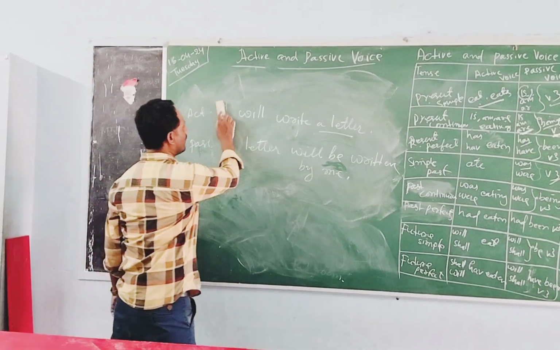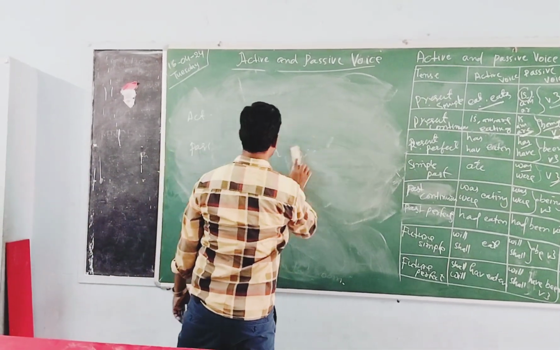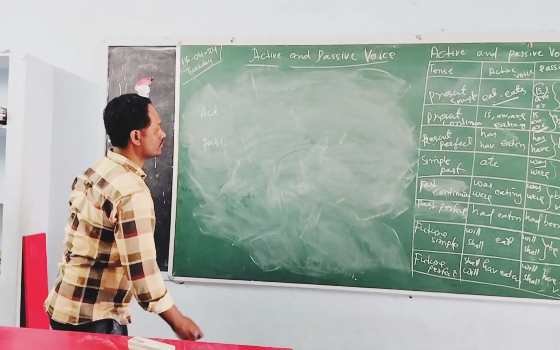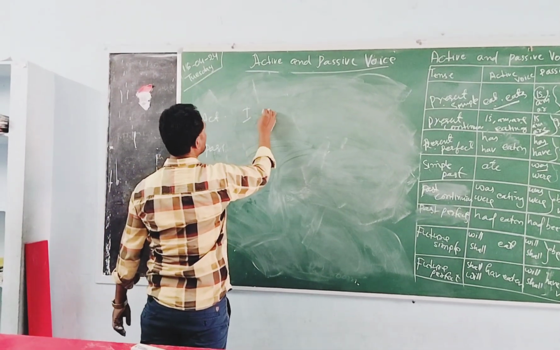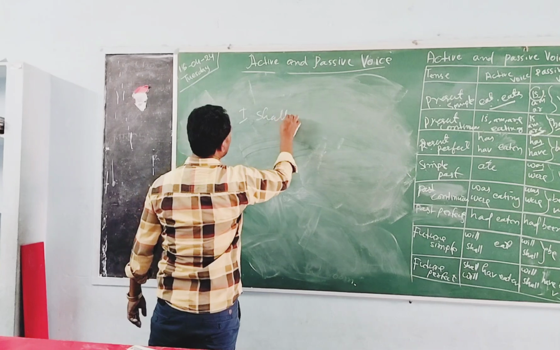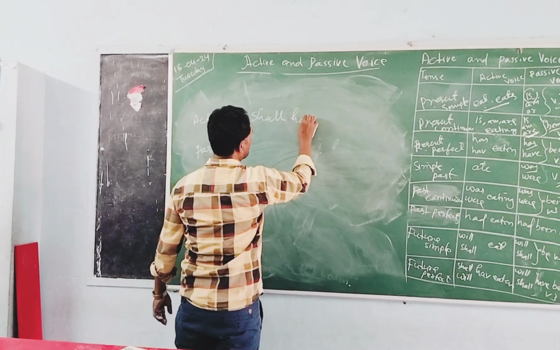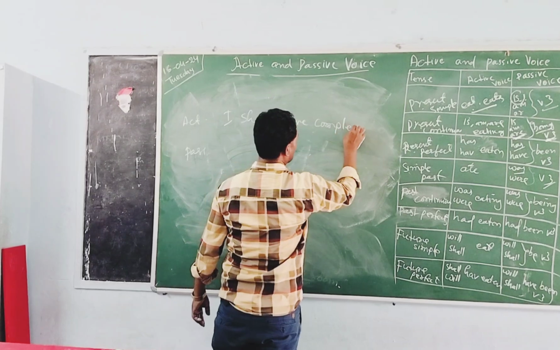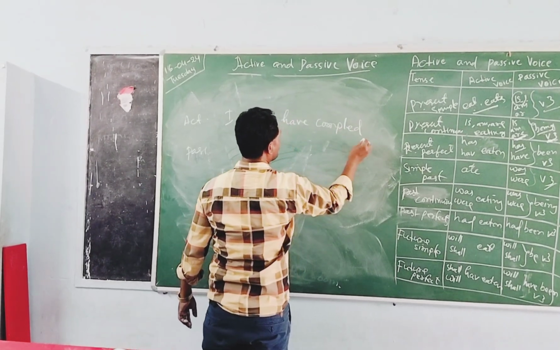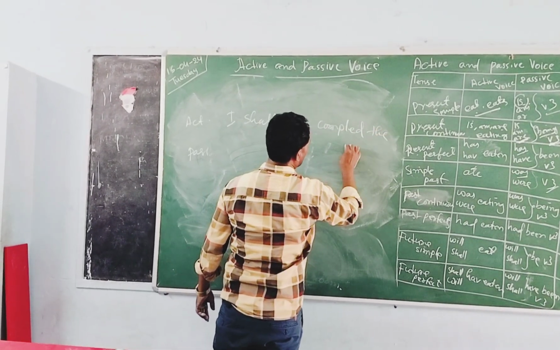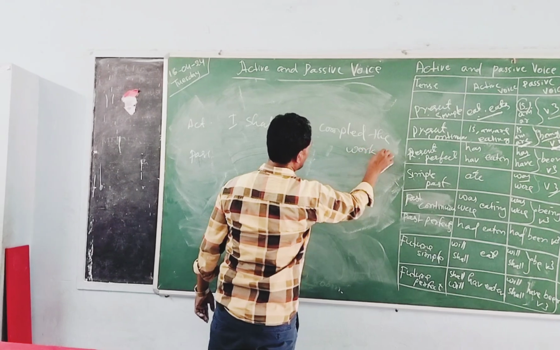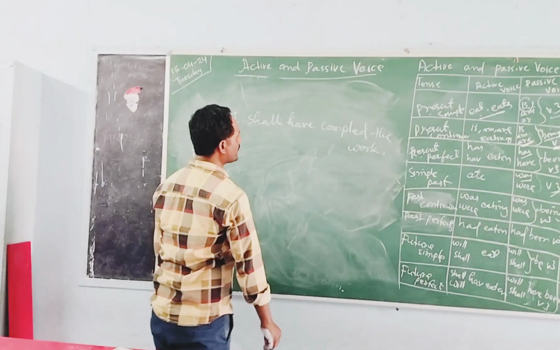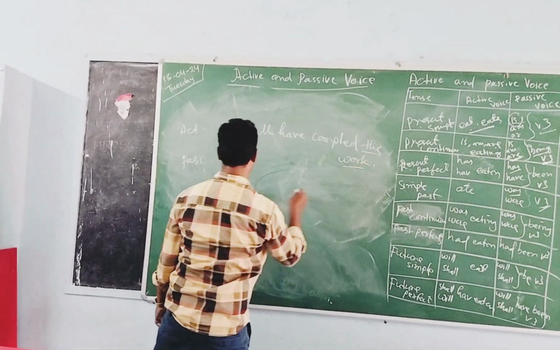Next we are going to have future perfect. I shall have completed the work. What is completed? The work is the object.